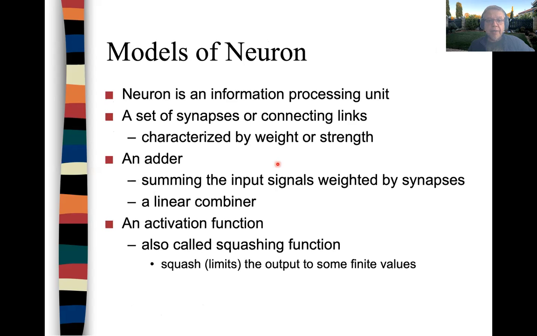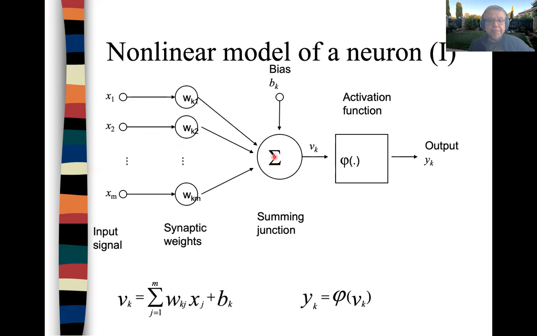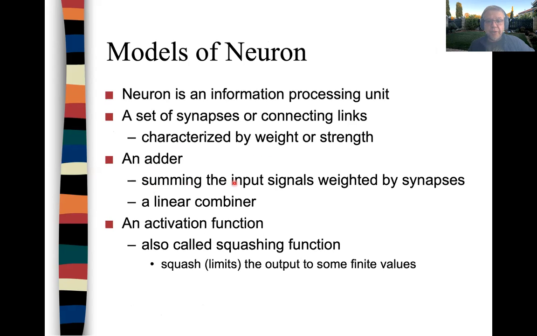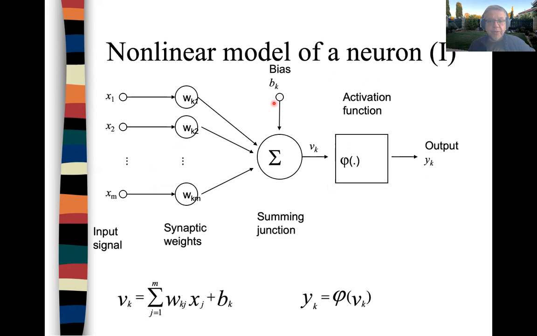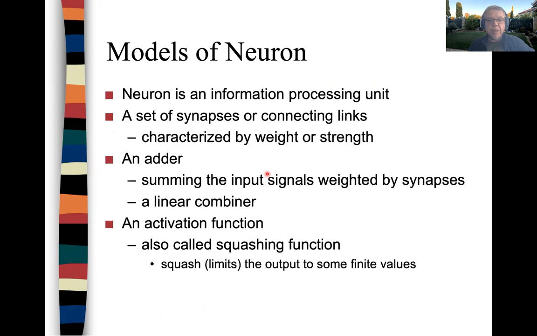That's why you have a set of synapses or connecting links characterized by weight or strength, and another part here, which sums the input signals weighted by synapses. So it sums them. So it takes X1 WK1, plus X2 W2, X3 W3. So it sums them, it adds them together.